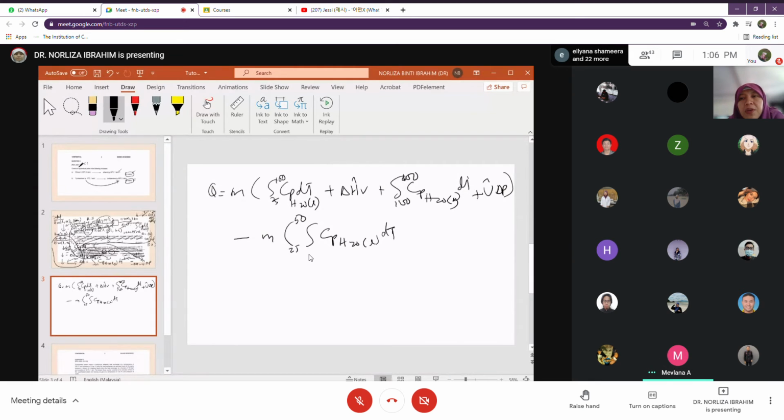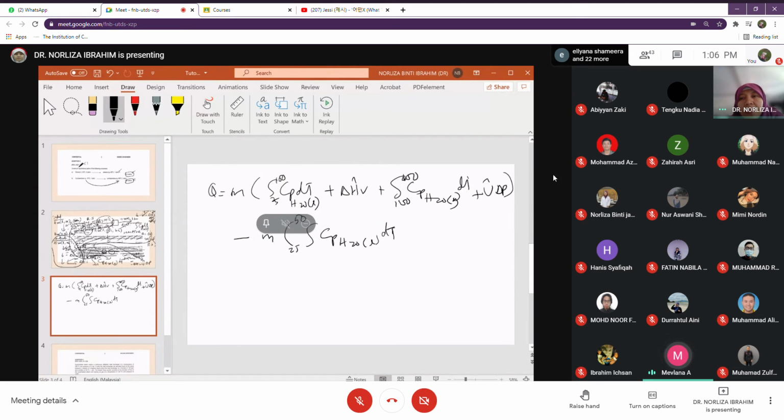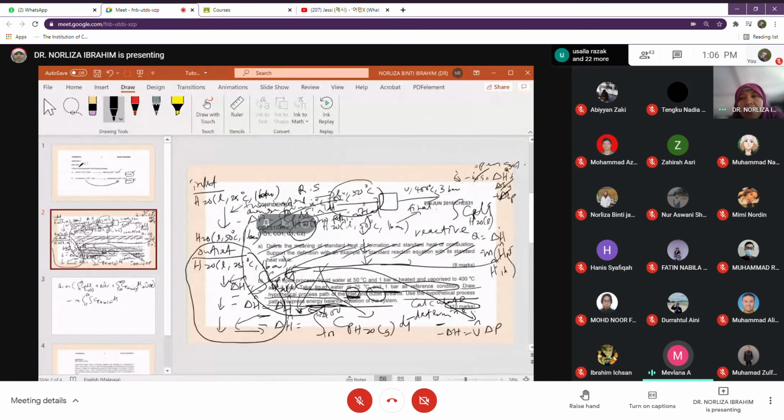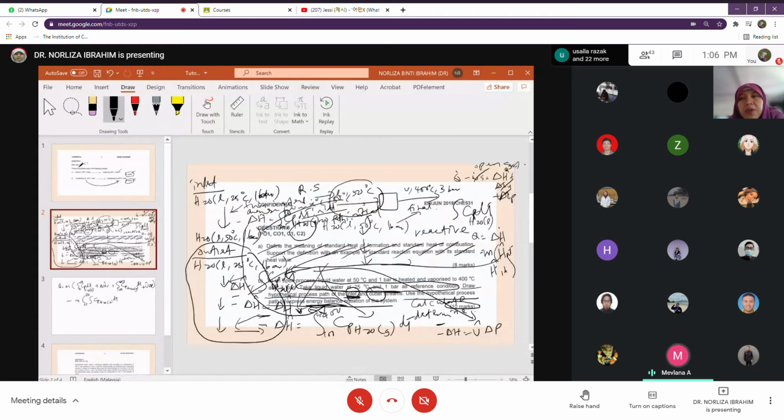Doctor? Yes, maybe. I'm confused about the hypothetical process on outlet. Why do we initially use the reference state at 25 degrees Celsius and 1 bar? Why not use 50 degrees Celsius at 1 bar? Okay, maybe. As I mentioned, this is actually for us as lecturers, when we want to mark, if we give you a specific reference, we only have one pattern of answer.